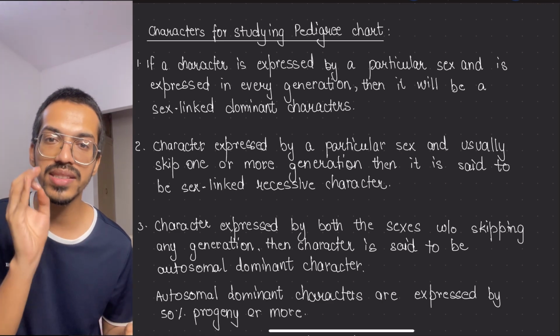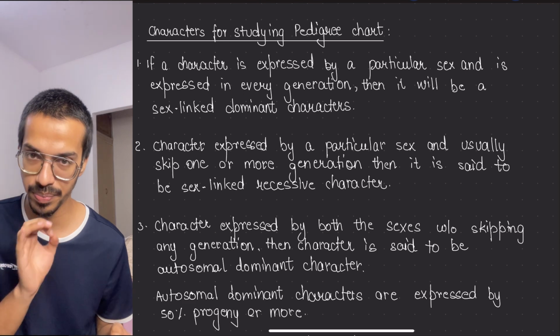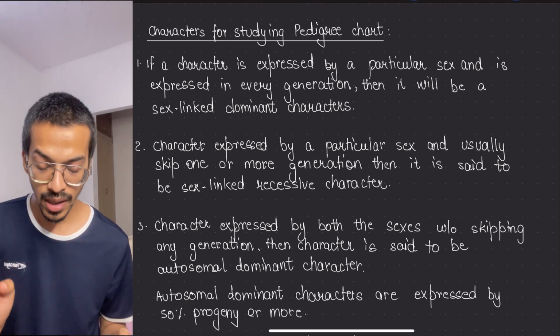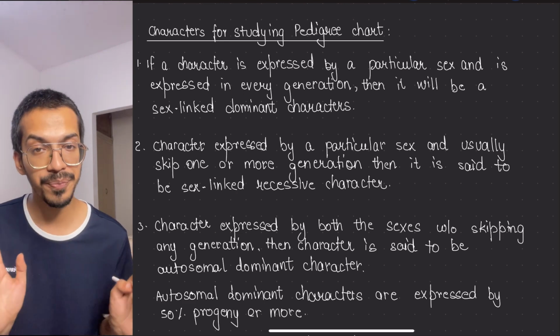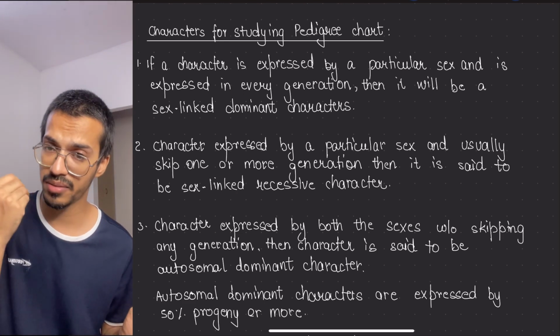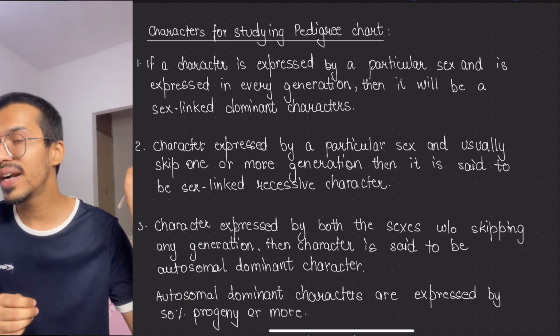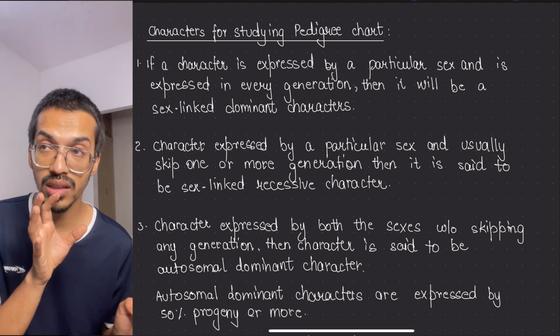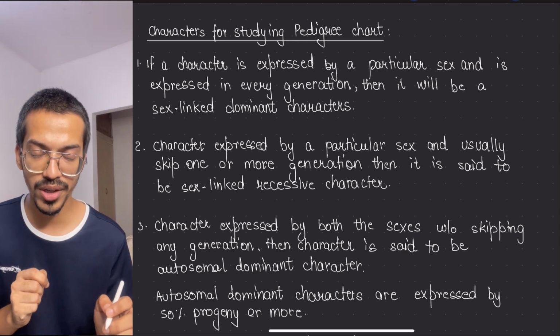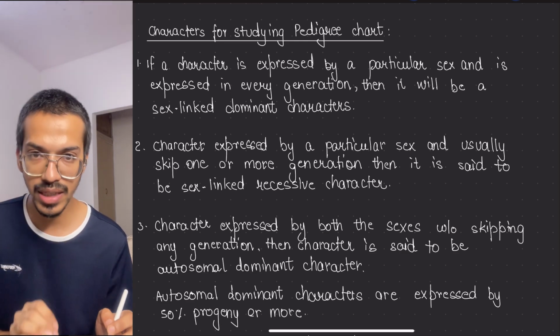It is only one sex which preferably has this disease. And if it is shown by both the sexes in equal amount, meaning males and females also, we will say it is an autosomal disorder. First thing done. We will come back again.